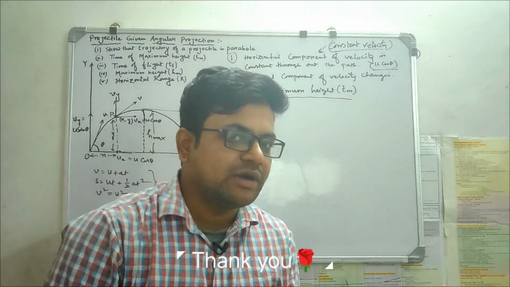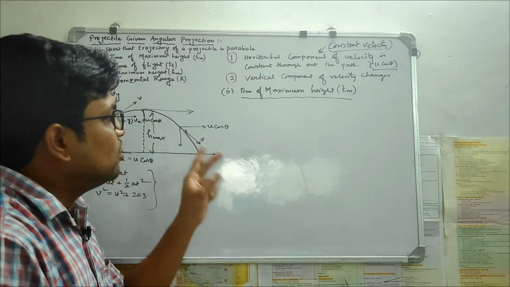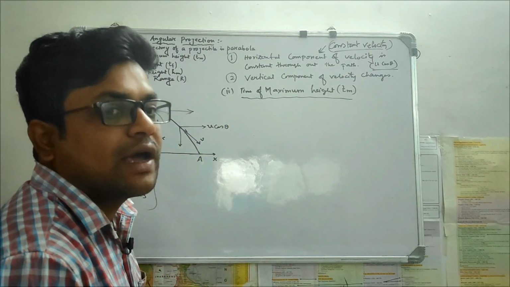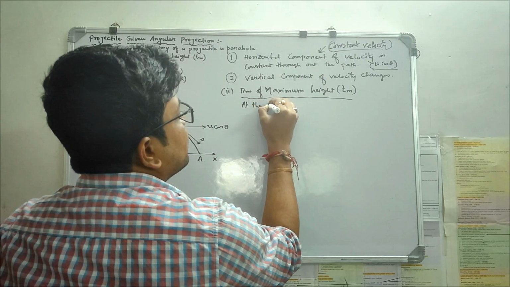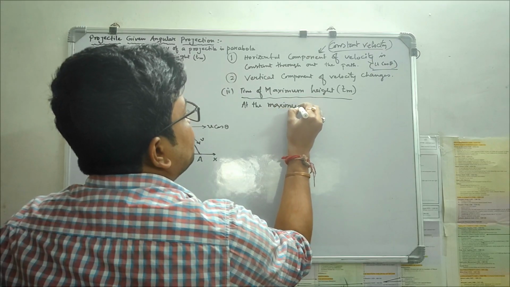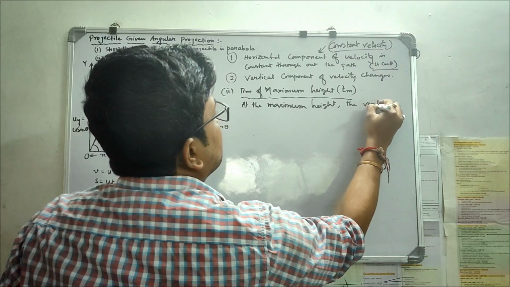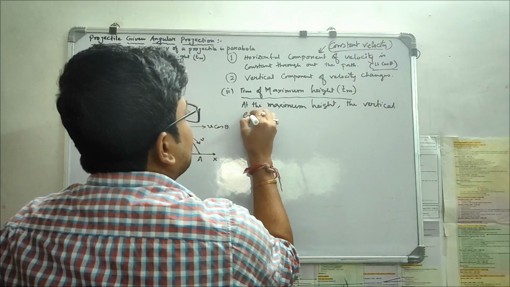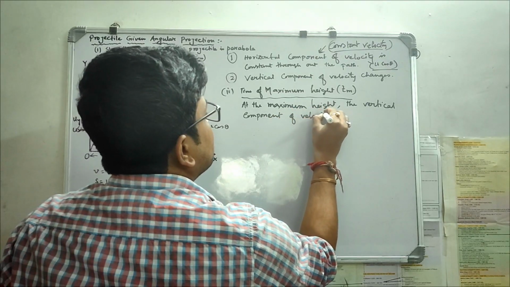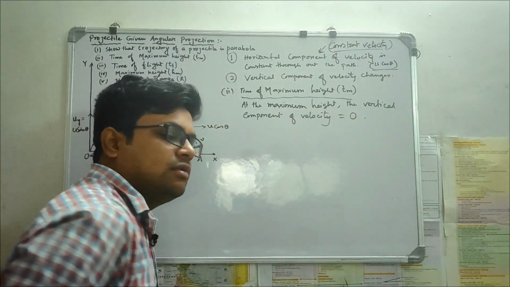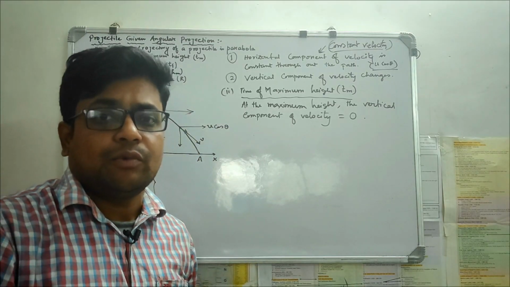As there is no vertical component of the velocity at the maximum height, we will use that concept here to calculate it. So at the maximum height, the vertical component of velocity is 0.